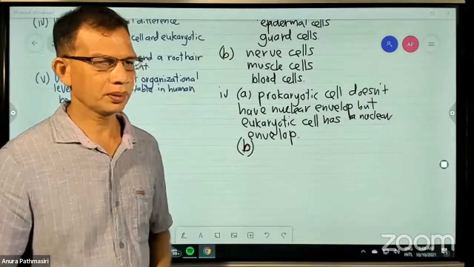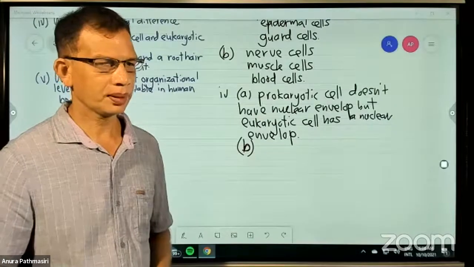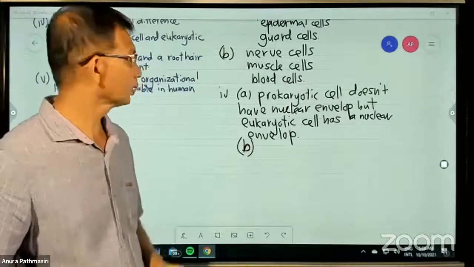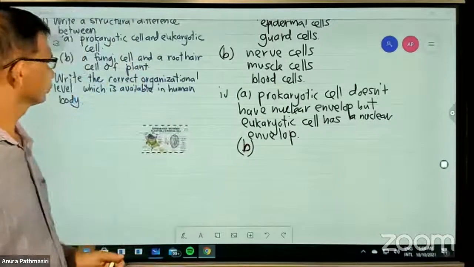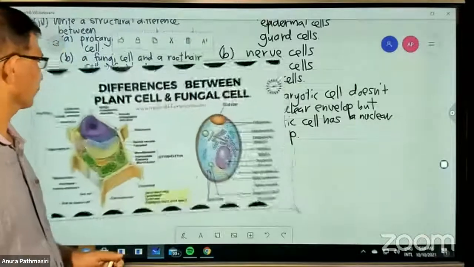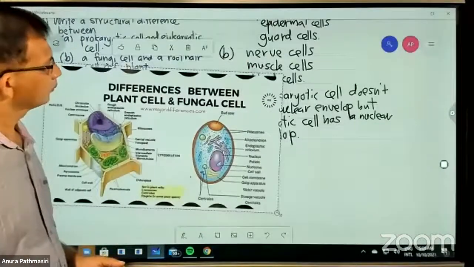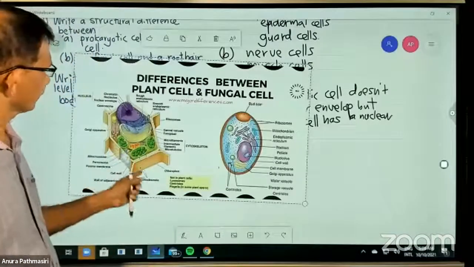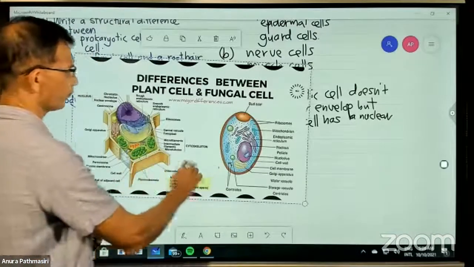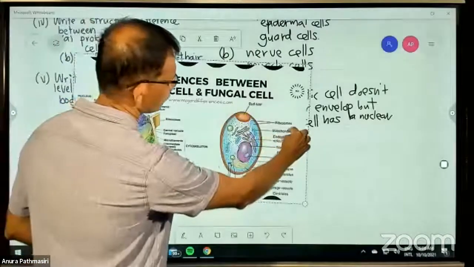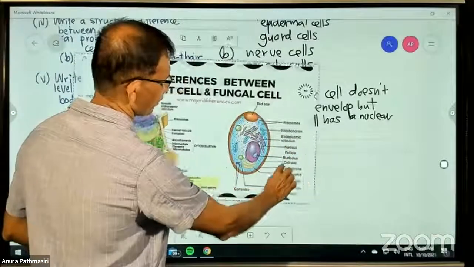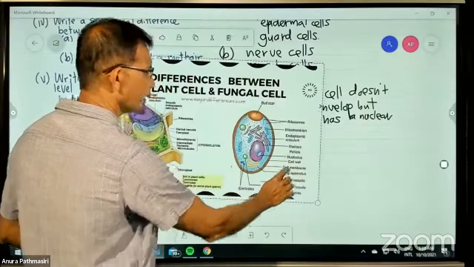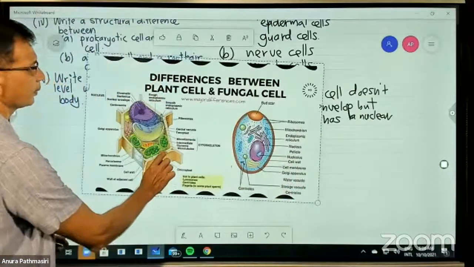The difference between the plant cell and fungal cell. Let's see. This is the yeast, this is the plant cell, and this is the cell wall, and they also have a cell wall. Okay, the cell wall is available here, and the cell wall is available here.